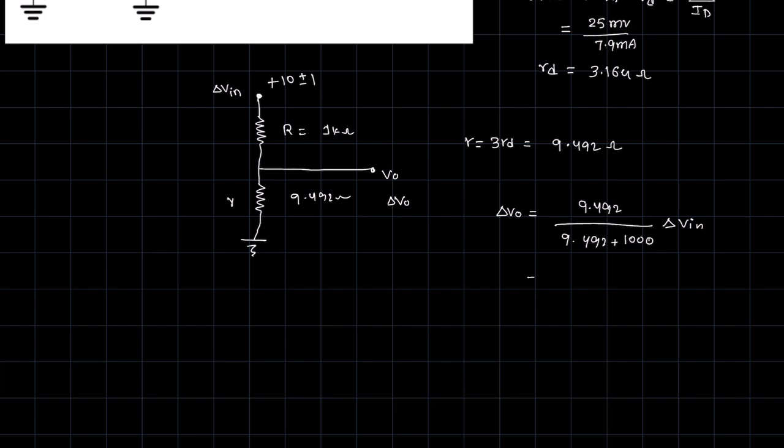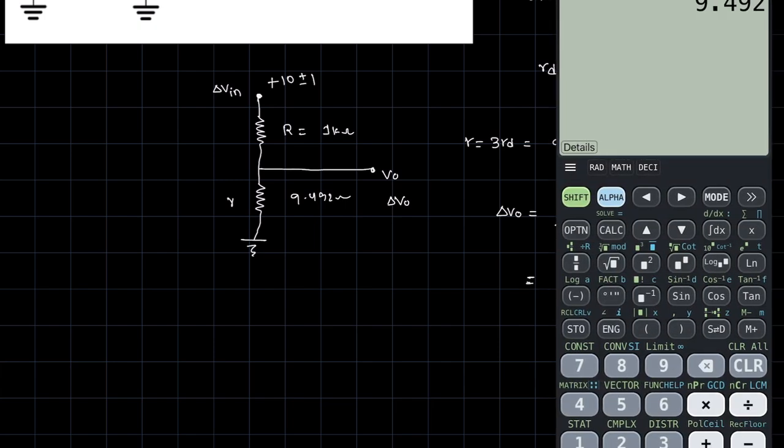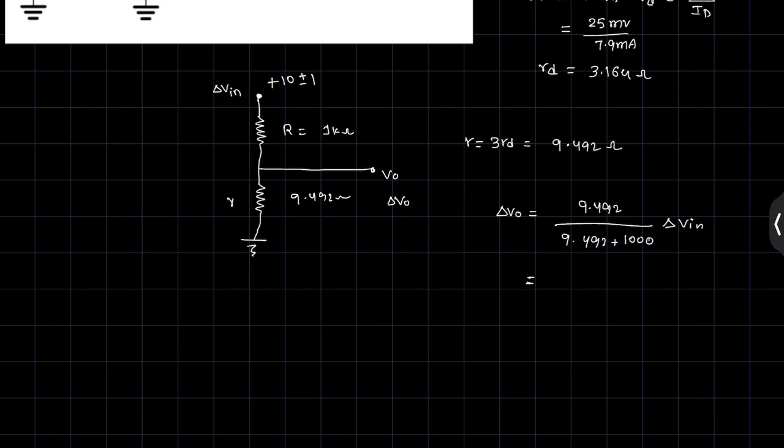If you take delta V in as plus or minus 1 volt, 9.492 over 9.492 plus 1000 gives about 9.4 millivolts, that is 0.0094 volts.